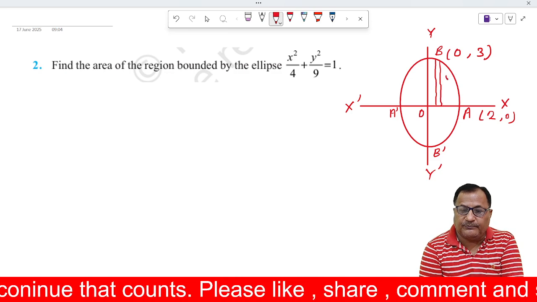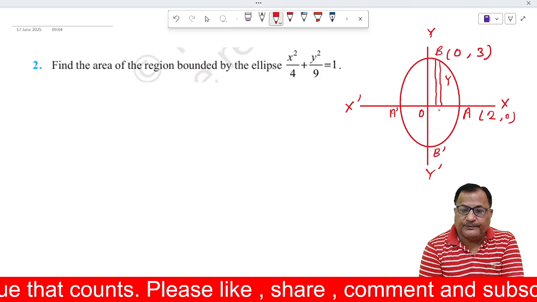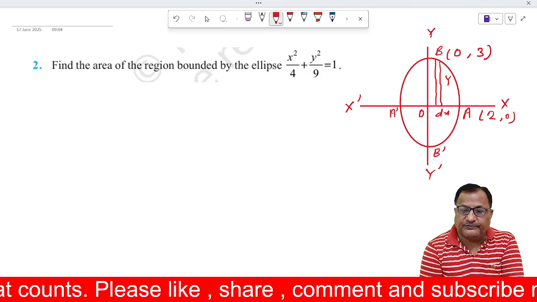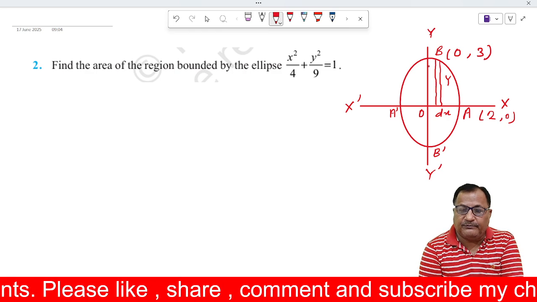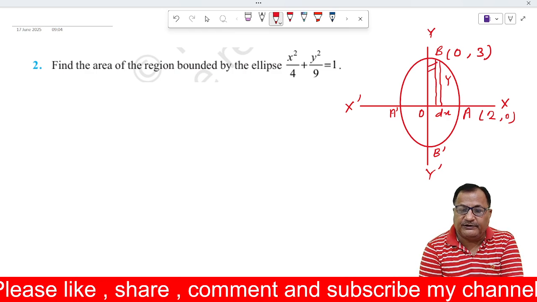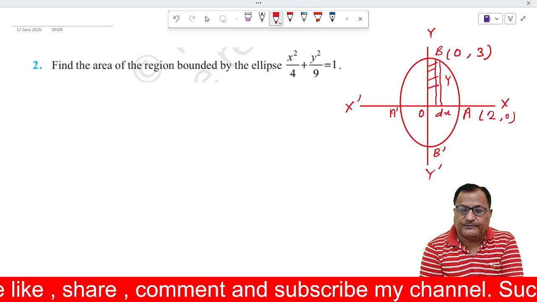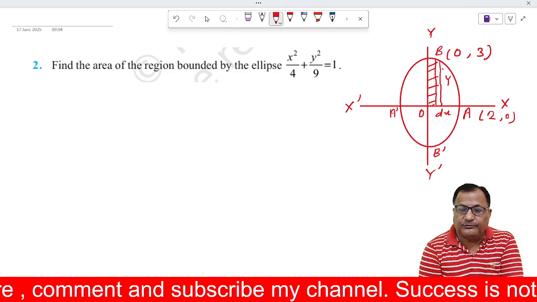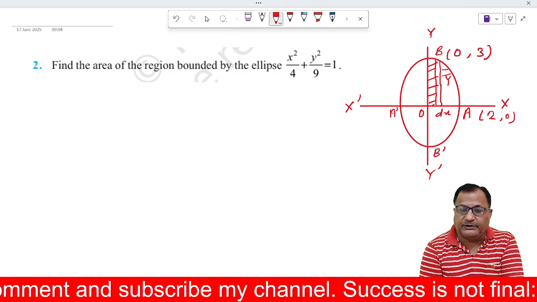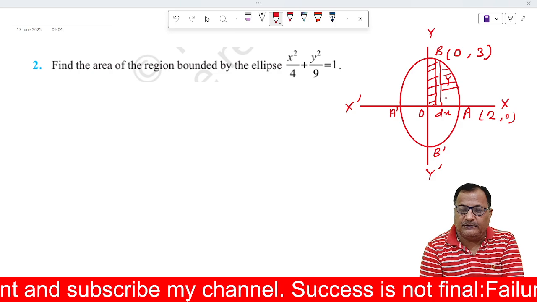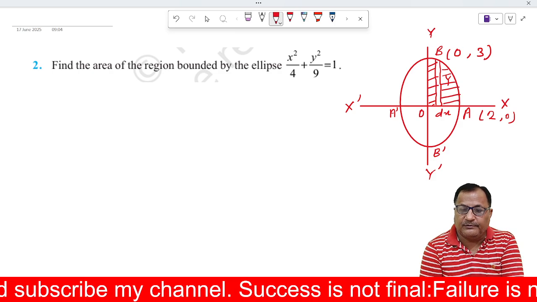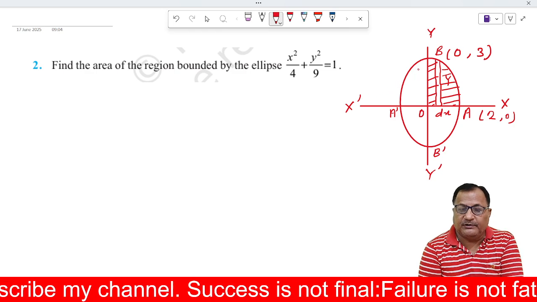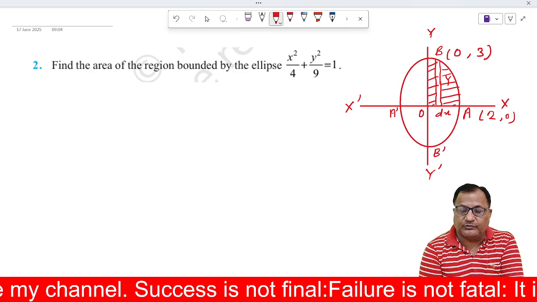This is y and this is dx. We will find the area of this quadrant and then multiply by 4, so we will get the area of the whole region. So we will find the area of this quadrant.